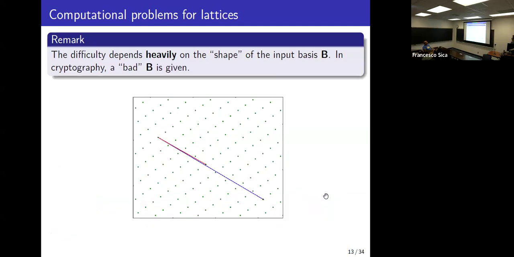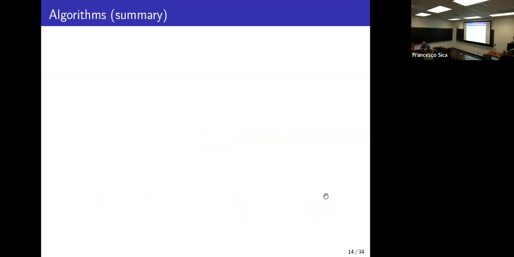And in practice, the dimension of this lattice has to be very high for computational hardness. For example, usually the dimension of the lattice is at least 500. In some other applications, for example in homomorphic encryption, the dimension can be up to a few thousand or even 10,000. That's quite popular. Okay.